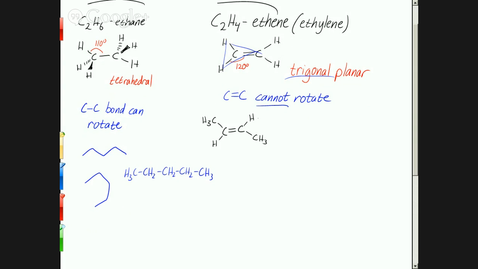And draw a structure like this, versus this. And these are not the same.